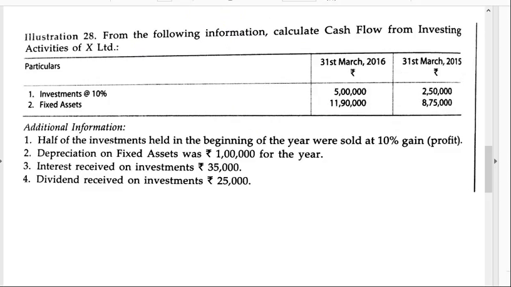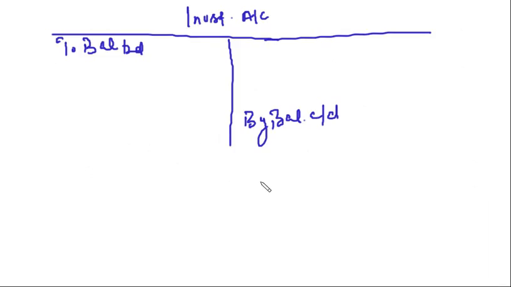It is 2,50,000 and the closing balance is 5 lakh. So by balance carried down is 5 lakh. Opening balance is 2,50,000 and closing balance is 5 lakh.